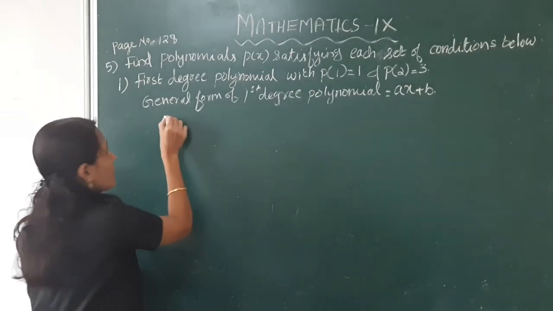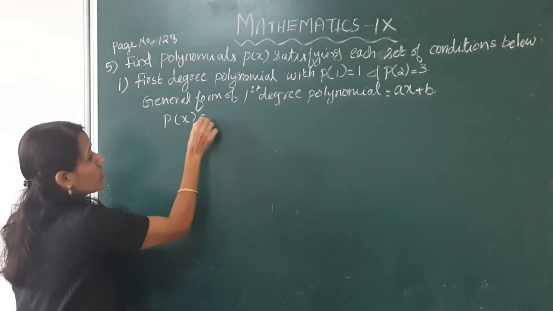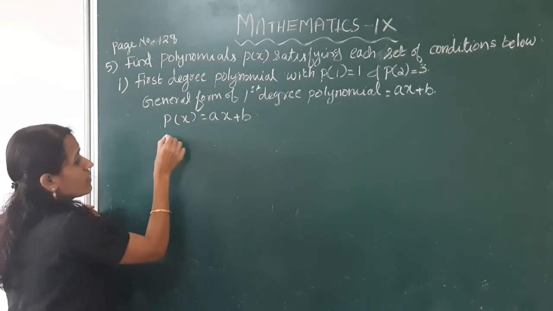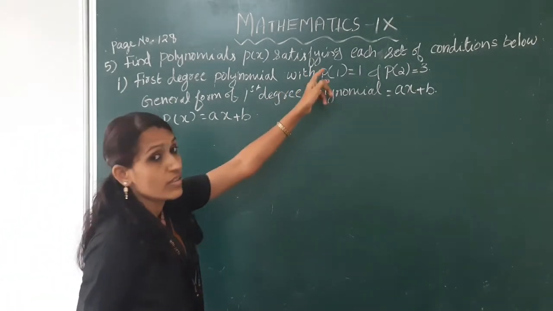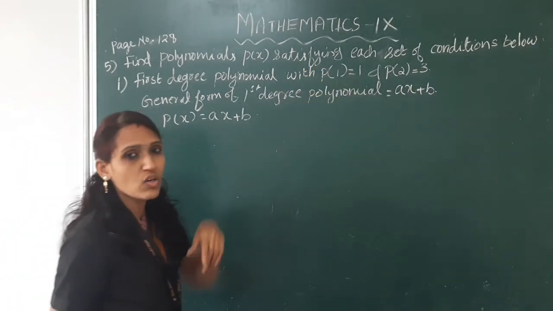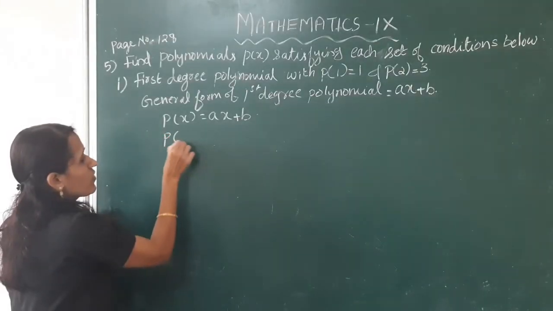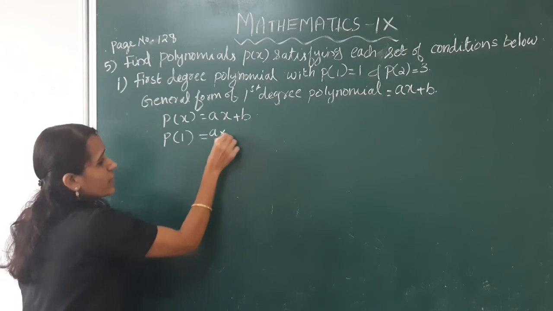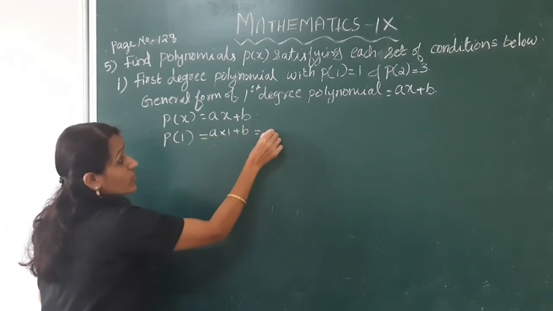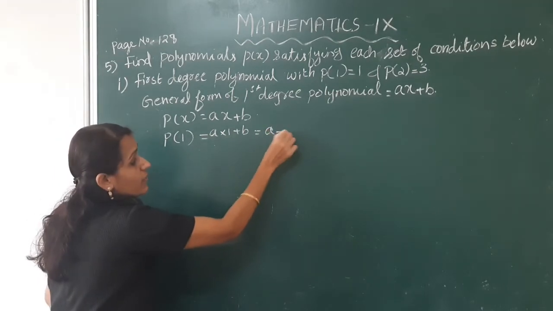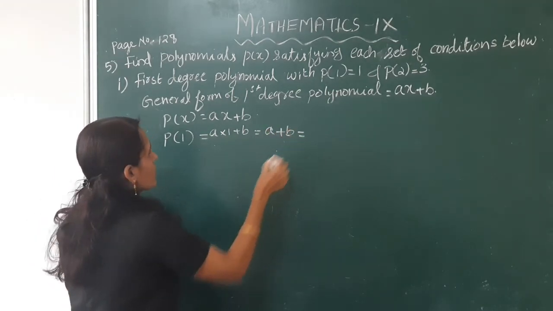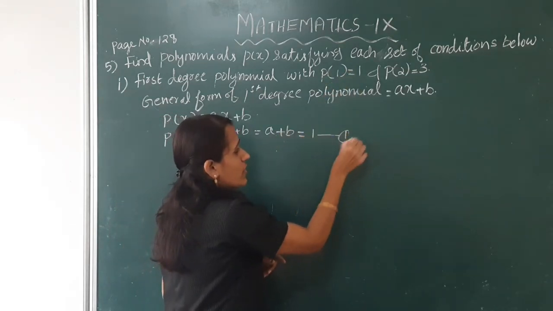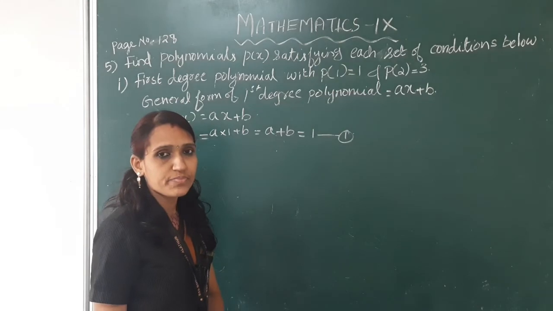That is P of x is equal to ax plus b. Next, P of 1 is equal to 1. So, P of 1 is equal to, instead of x, substitute 1. a into 1 plus b. This is equal to a into 1, a plus b. P of 1 is equal to 1, so a plus b is equal to 1. Mark it as equation 1.